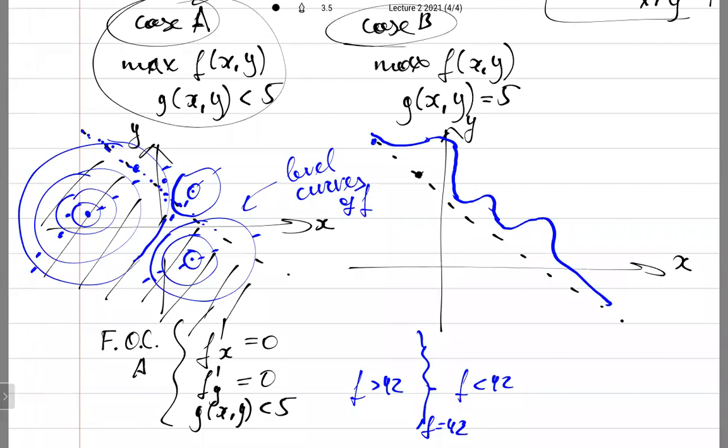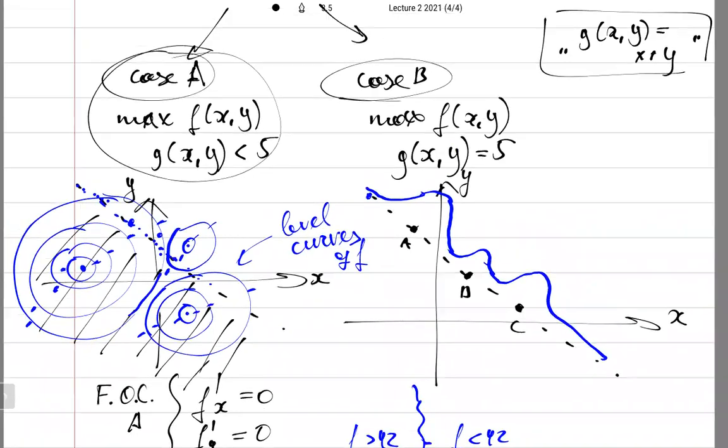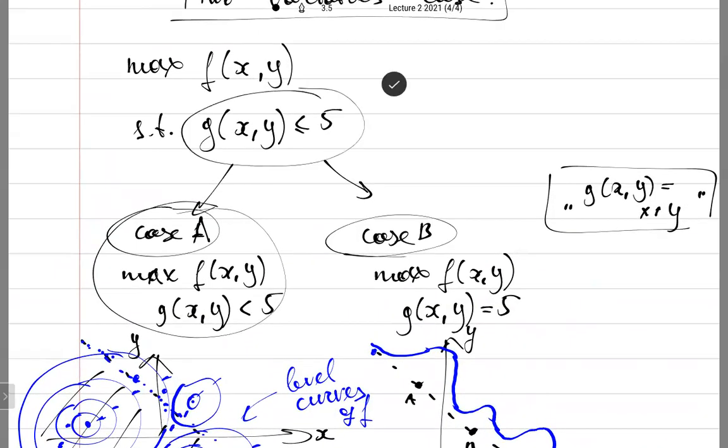I have 3 points, and let's think which of them are suspicious to be local extrema: A, B, or C. If I'm required to be on the line, then yes, it's a local extremum. But if I go back to my original problem, I can be either on the line or I can move below the line.